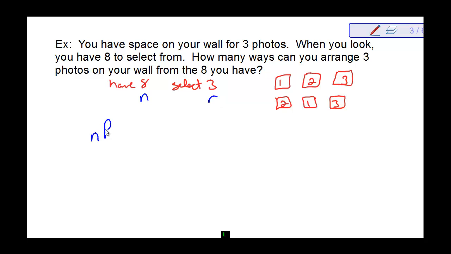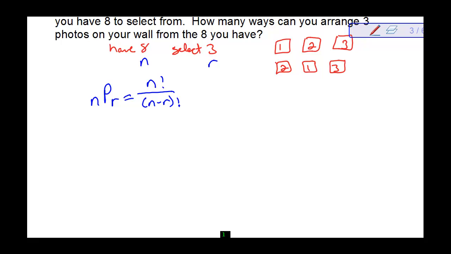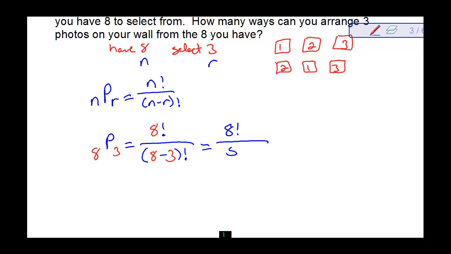So remember, my formula looks like this. Whenever I actually start plugging in my numbers, it's going to be 8P3 is equal to 8 factorial over 8 minus 3 factorial. When I simplify that down, that's going to be 8 factorial over 5 factorial.